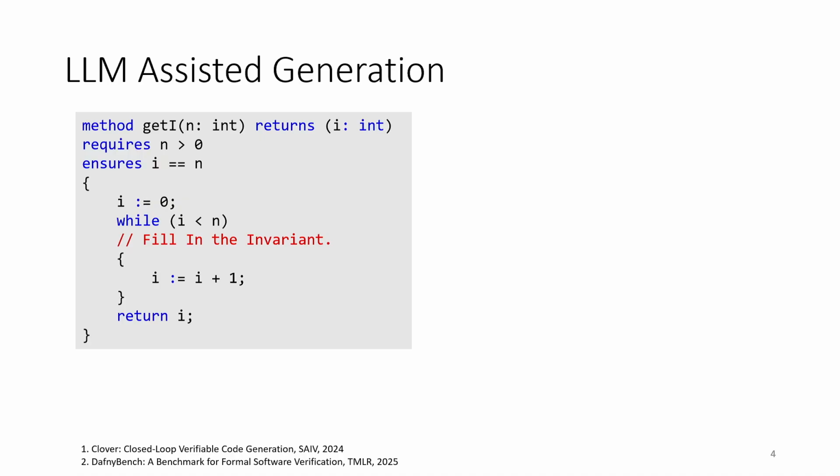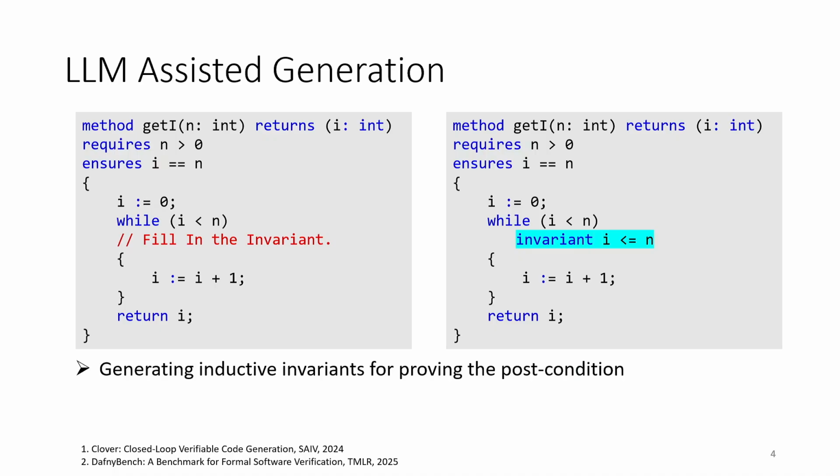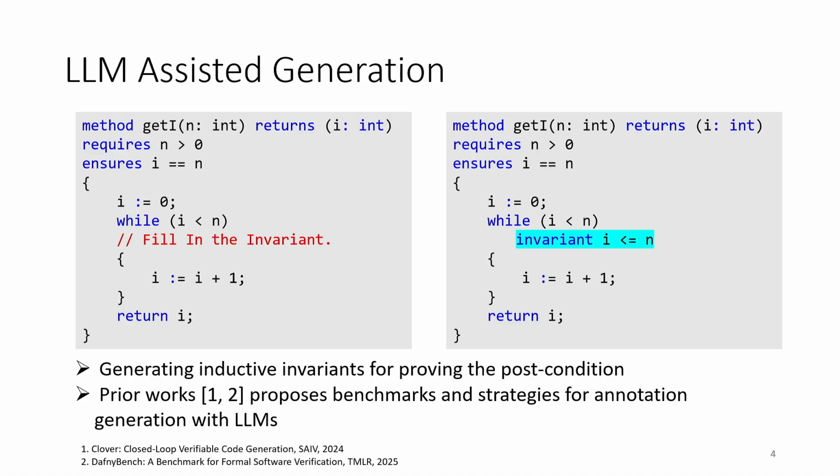The problem we are trying to solve is: given a base program without any annotations, generate annotations that help us prove the program correct with respect to its input-output specifications.